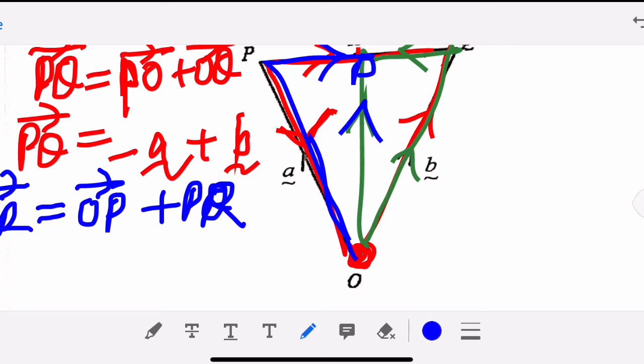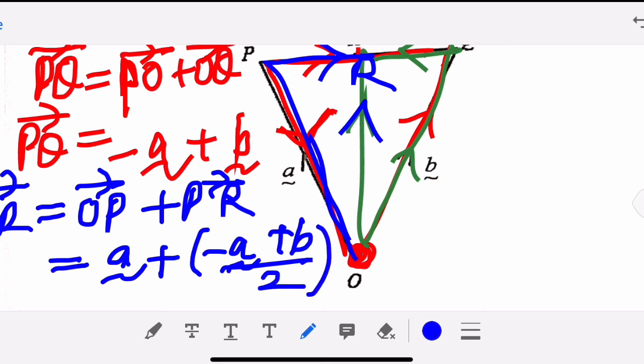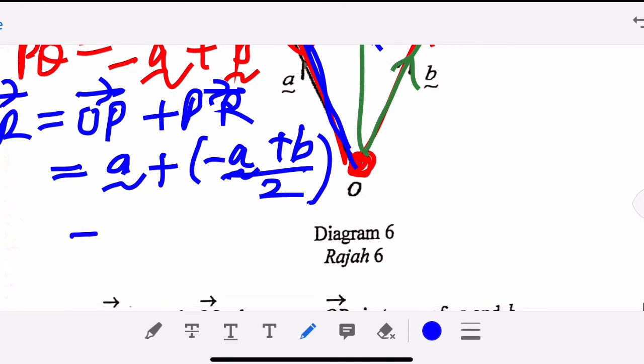So this is R. Okay, so now we are going to substitute OP. O to P is A, plus the PR is negative A plus B divided by 2. Why divided by 2? Because it's the midpoint, right? So the magnitude is half.